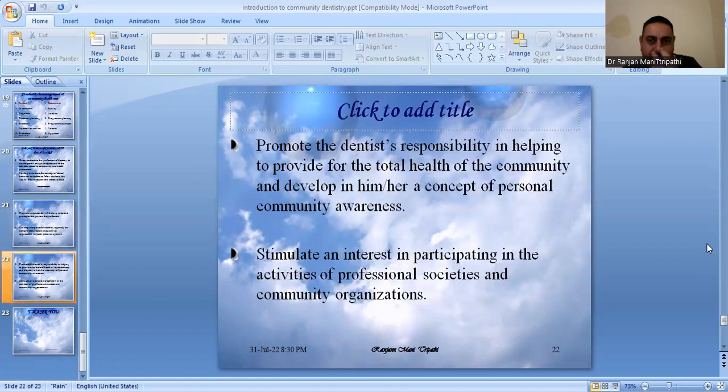It promotes the dentist's responsibility in helping to provide for the total health of the community and develops in him or her a concept of personal community awareness. It stimulates an interest in participating in the activities of professional societies and community organizations.